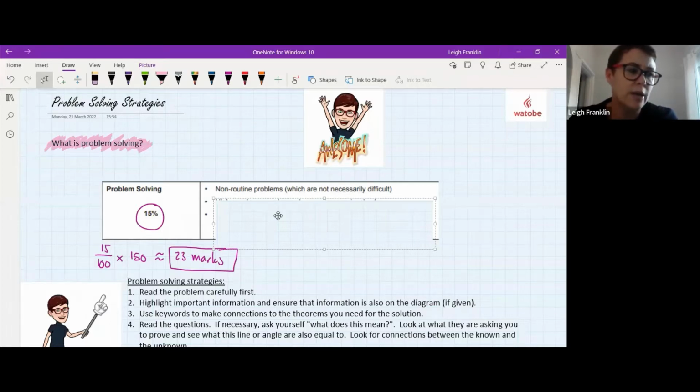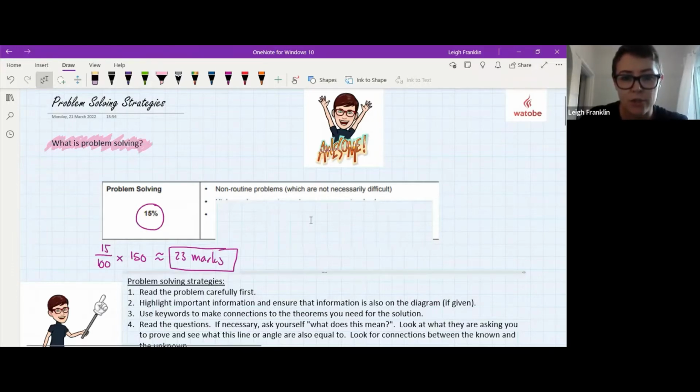So it's not like prove these two triangles similar, or show that this angle equals X, or prove that this is a cyclic quad. Those are more routine types of questions. So it's going to be something that is non-routine, a little bit unusual, and there is no obvious place where to start. I think that's really important to identify.